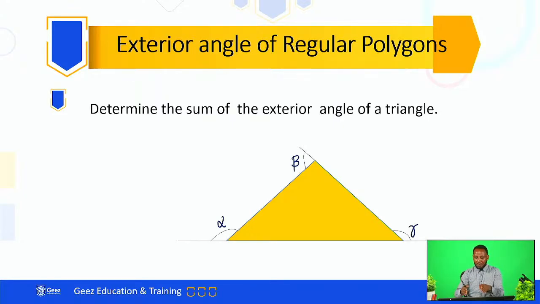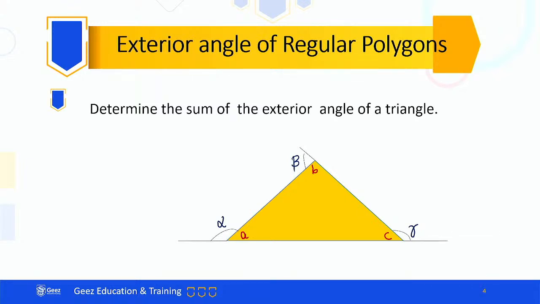Let's assume alpha, beta, and gamma are the exterior angles of the given triangle, and let's assume the interior angles of the triangle to be A, B, and C. These are statements, isn't it? What is the reason? Assumption. We are assuming. Now, what is our objective?